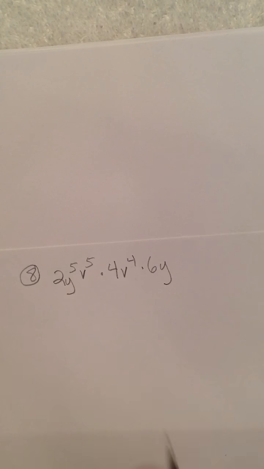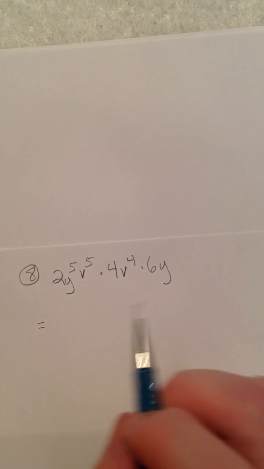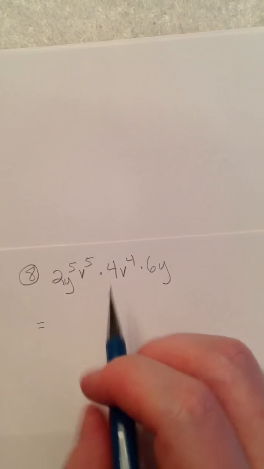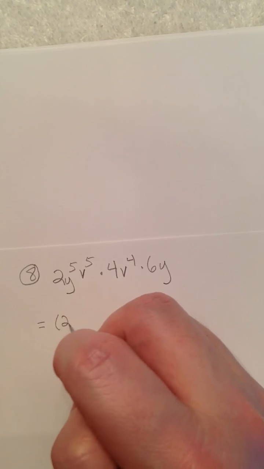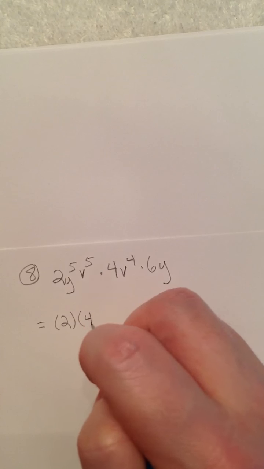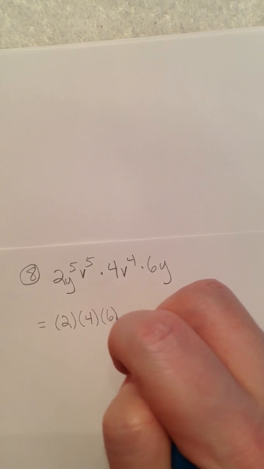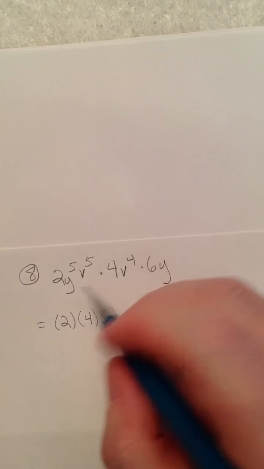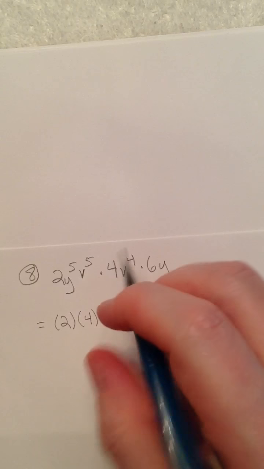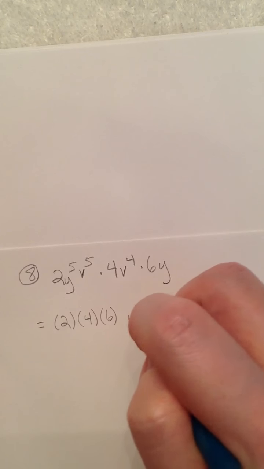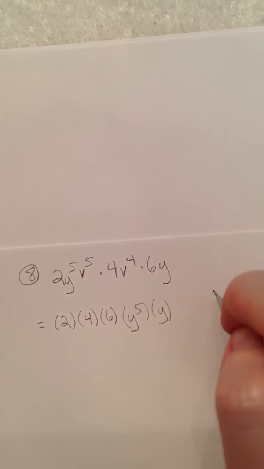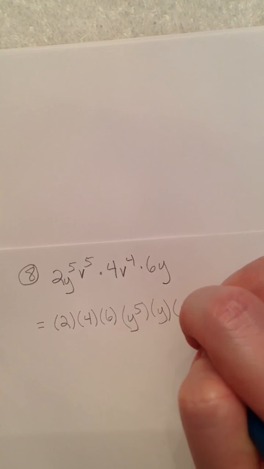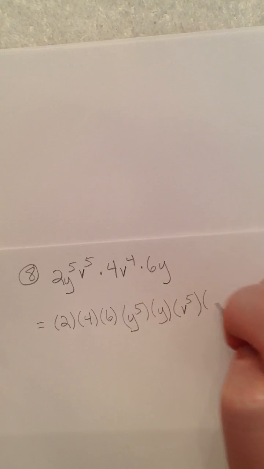And for what we can do in this arrangement, we have combining, so with the constants you have 2 times 4 times 6, and then in terms of the variable y we have y to the 5th times y, and then in the letter v we have v to the 5th times v to the fourth.